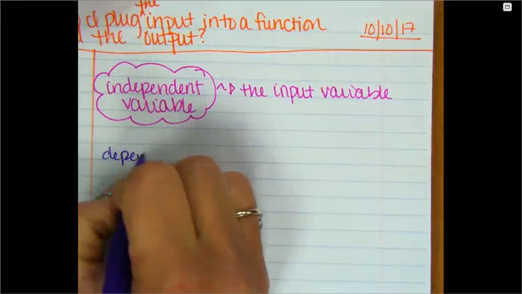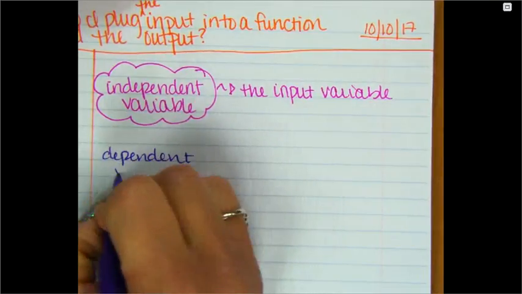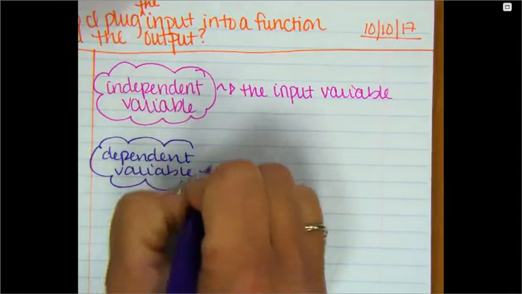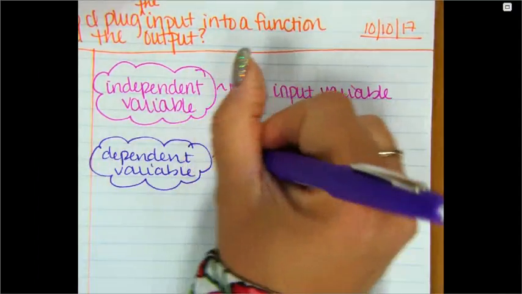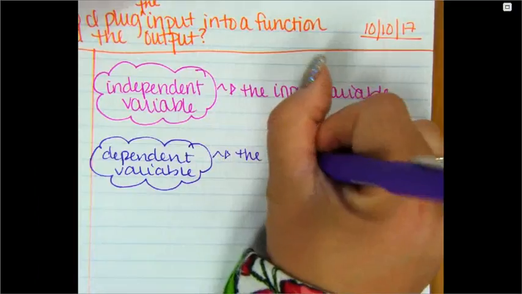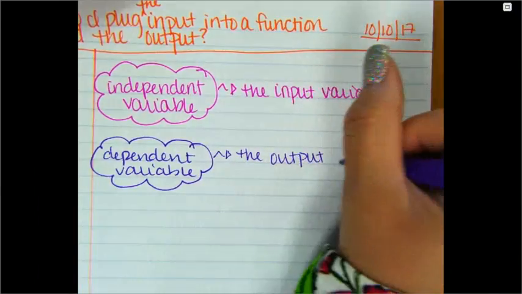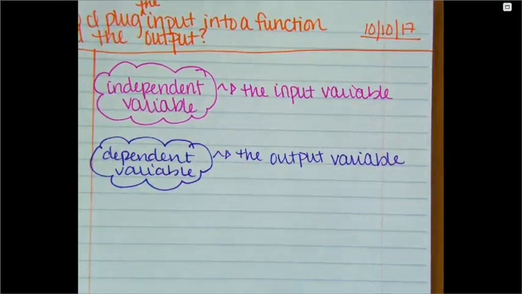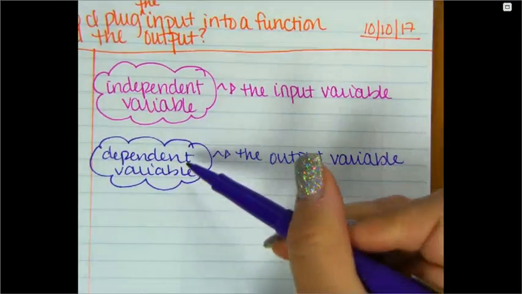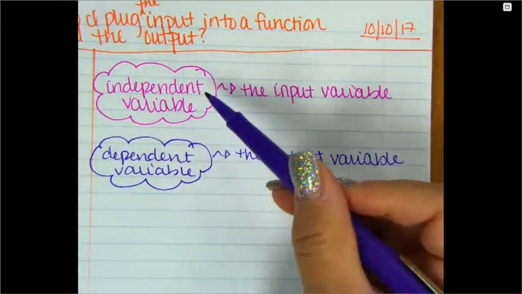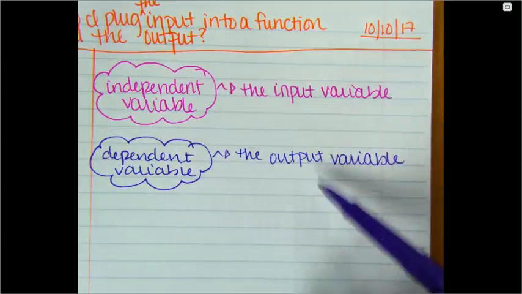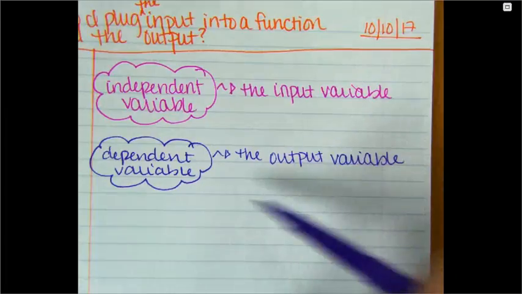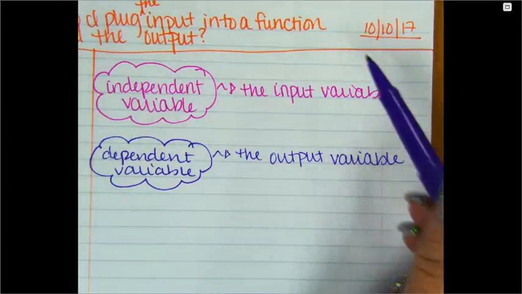Dependent variable is the output variable. The output is dependent on the input because whatever you plug in will then give you the output. Okay? So dependent is on the independent variable. The reason why is the output only becomes something after I use the input. So I don't have any output unless I have an input.